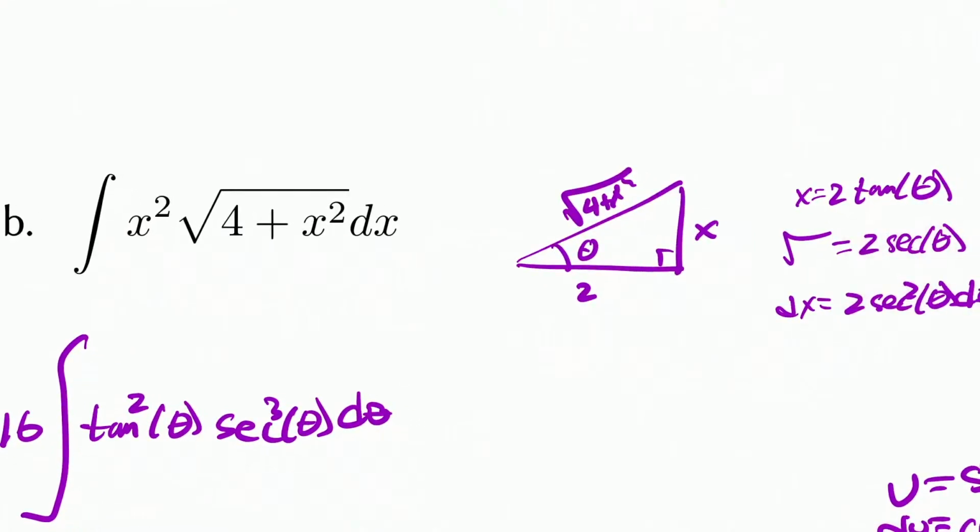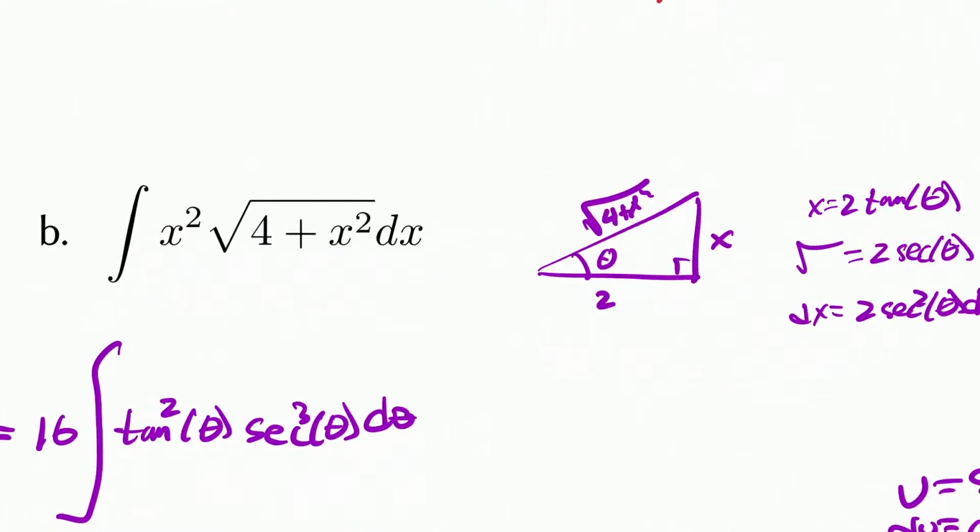So let me explain, because this is the crucial step. I replaced x here with 2 times tangent, and I got 4 tangent squared. You see the tangent squared. I replaced this with 2 times secant. You see the secant is embedded in here, and I put the 2 with the 4 out front, and the dx became 2 secant squared.